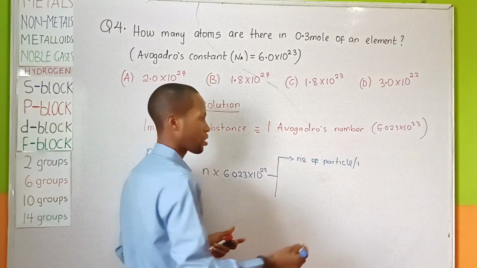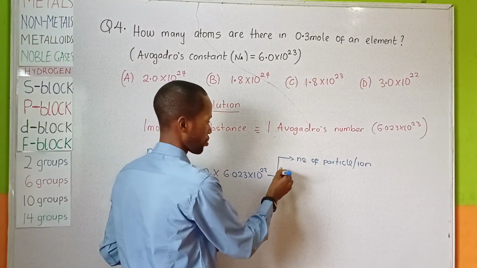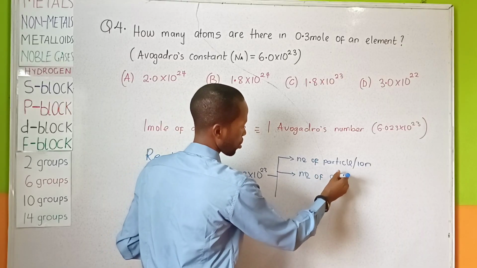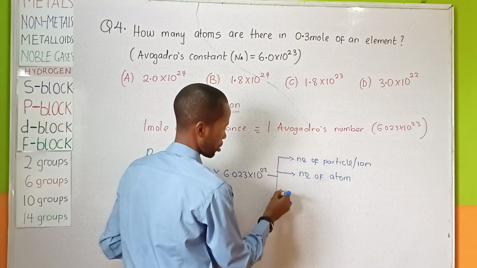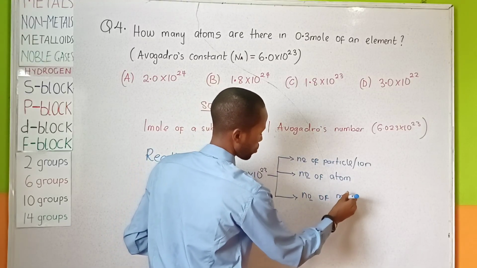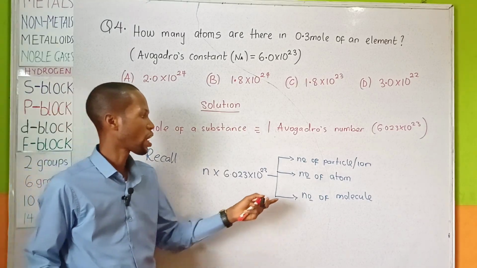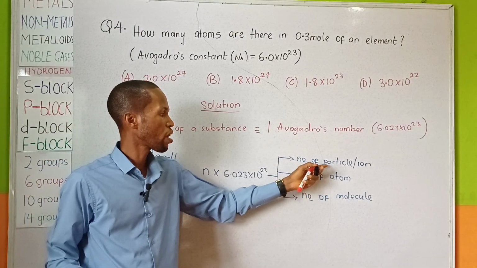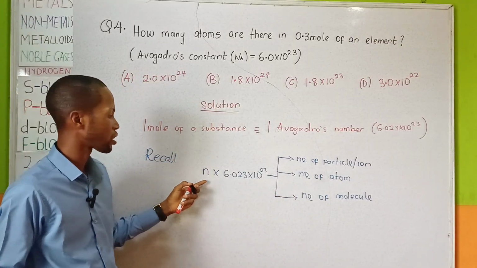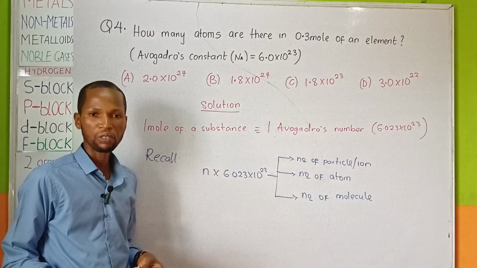In the case of radicals, we have ions. Number of ions. Number of atom. Number of molecule. So anytime you are asked to find the number of particle, number of atom, number of molecule, you are expected to multiply the number of mole of that substance by the Avogadro's constant.